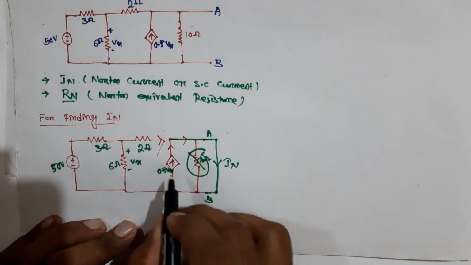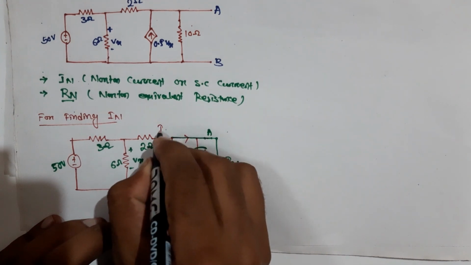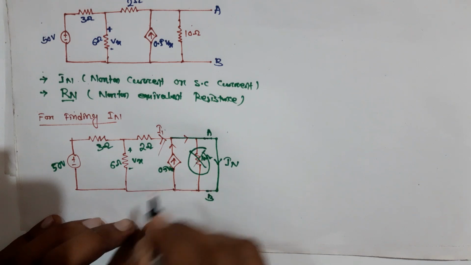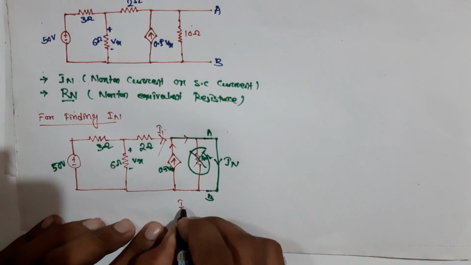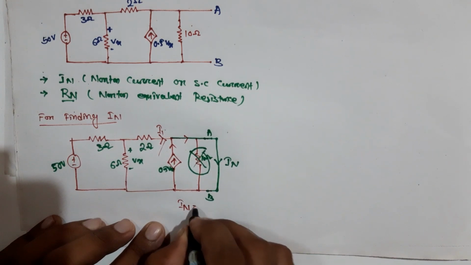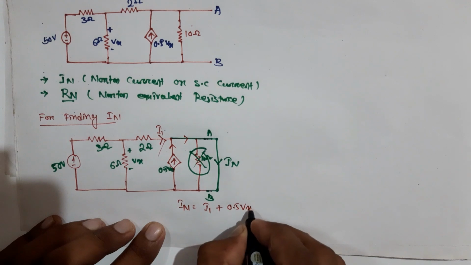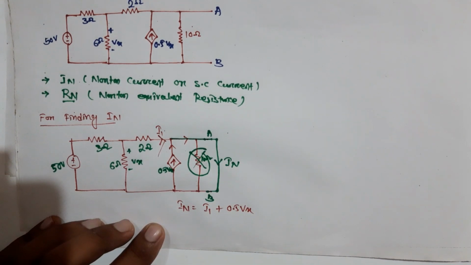Let this current be I1, and let this be 0.5 Vx. Here IN is equal to I1 plus 0.5 Vx. This is the current IN.